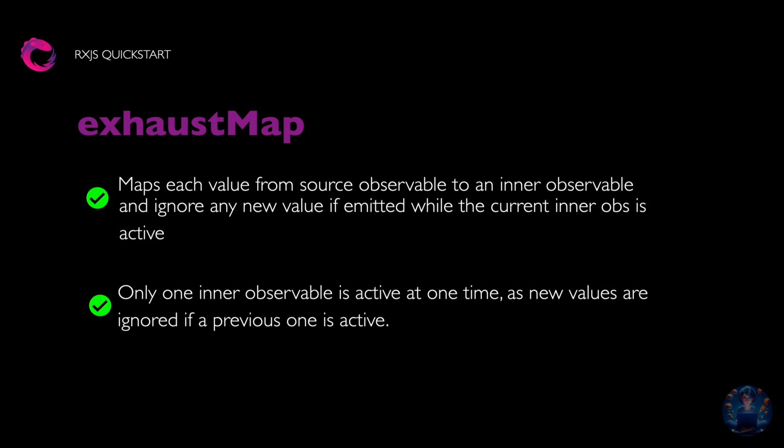Please do understand that exhaustMap only works with one inner observable at any given point of time, because any new values emitted while a previous one is still active will be ignored. So, one observable at one point of time. Only when this inner observable completes and there are no active inner observables will new values be considered.